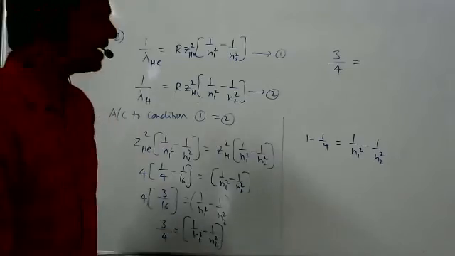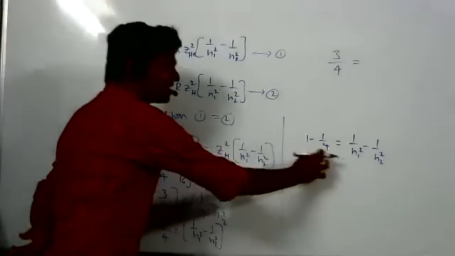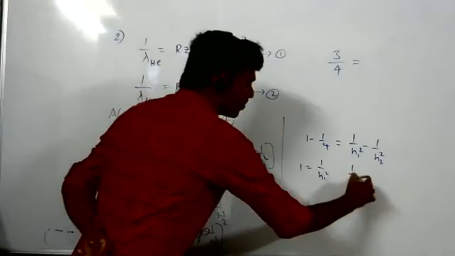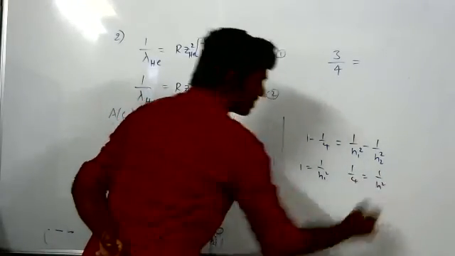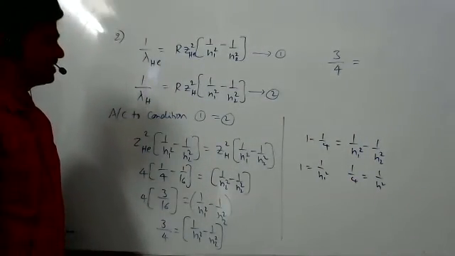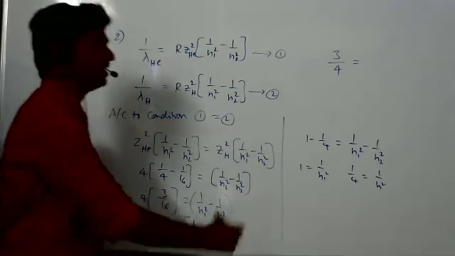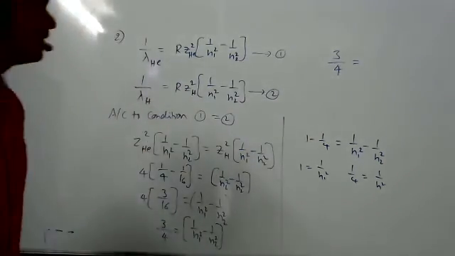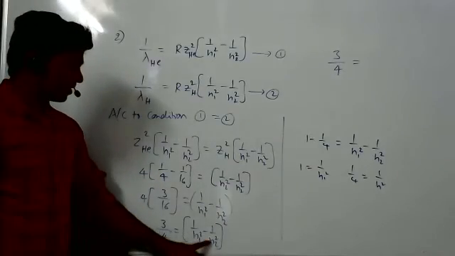But I'm asking this: you can equate like this, 1 equal to 1 by N1 square, 1 by 4 equal to 1 by N2 square. Is it possible to equate like this? Do mathematics rules accept it? No, sir, but it's almost in the same form. I don't think so, because if it's in the denominators, we can't equate it like this. Yes, that's what. We can't equate like that. So we go through trial and error method only. So if N1 is equal to 1, if N2 is equal to 2.